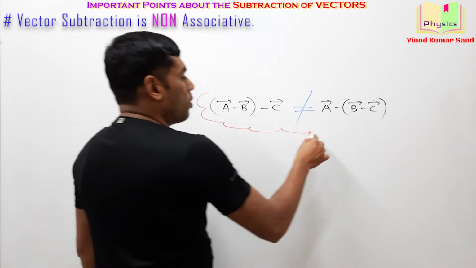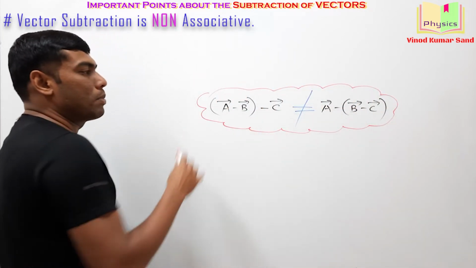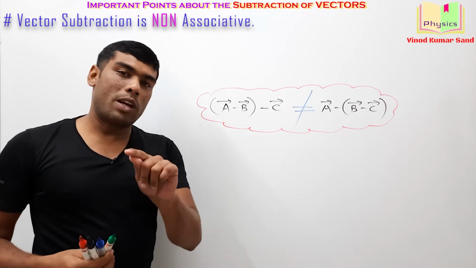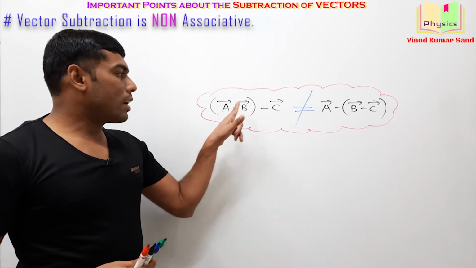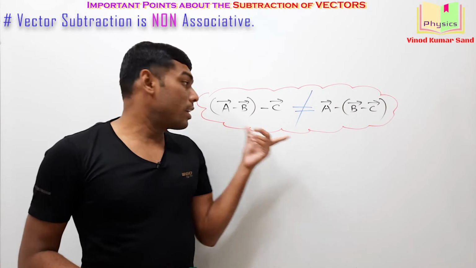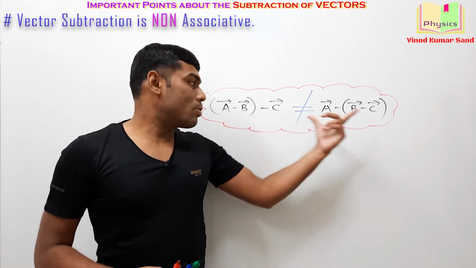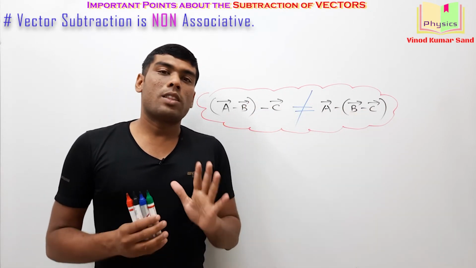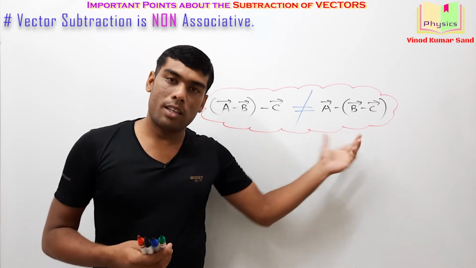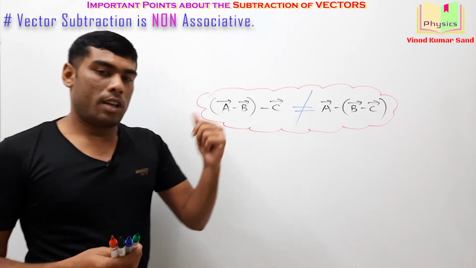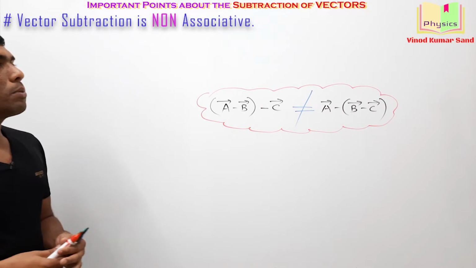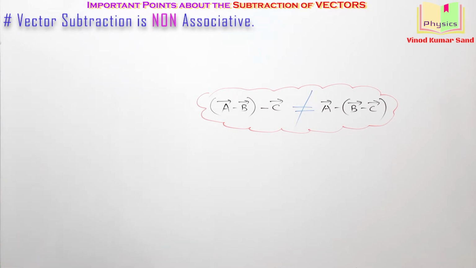As we took the examples in the previous case, this I am leaving to you. Assume something as A vector, then B vector, then C vector, and operate this part as well as this one. You'll come to know that actually they are unequal. Getting it? Note it down. Then we'll be taking up point number 3.